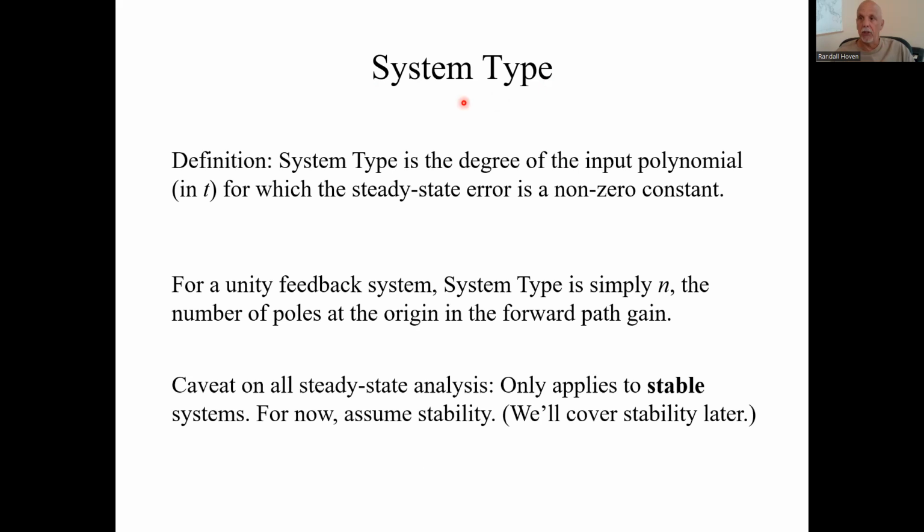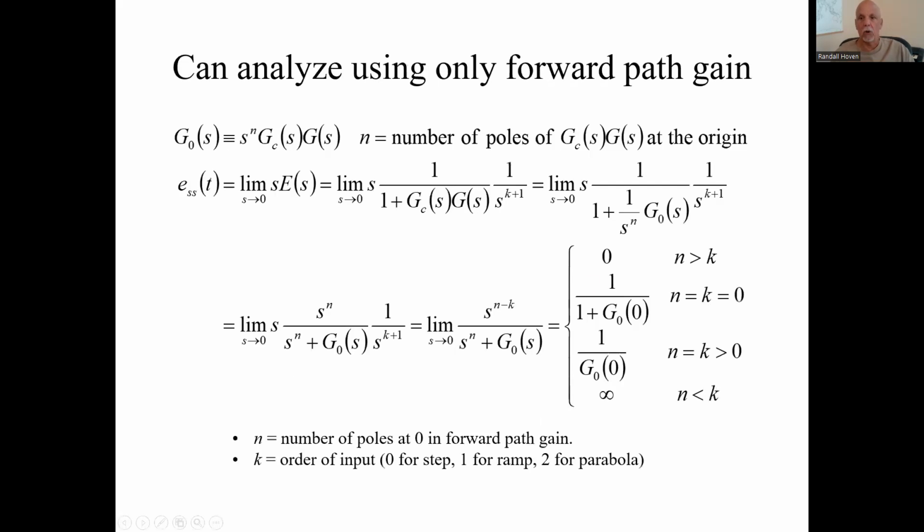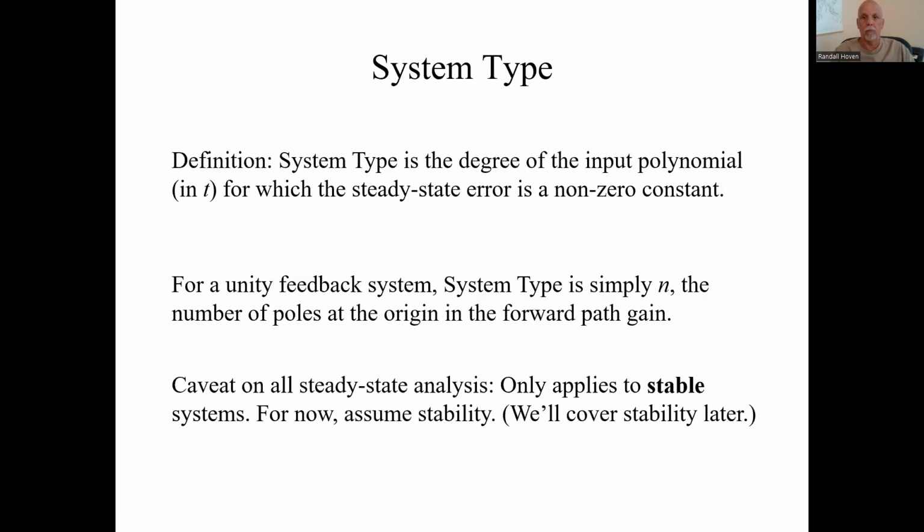Now this is kind of a big deal, system type, especially when we're talking about steady state errors. This definition applies whether we're talking about unity feedback or not. System type is the degree of that input polynomial, t, for which the steady state error is a non-zero constant. That's one of these 2 cases in the middle, in the case of unity feedback.